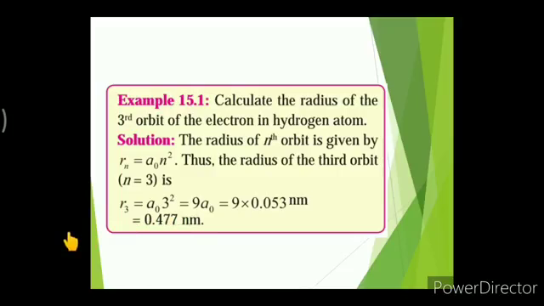So this is the value of R3, that is the radius of the third orbit of the electron in the hydrogen atom. It is given by 0.477 nanometer.